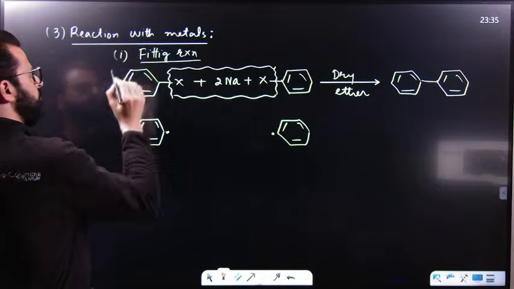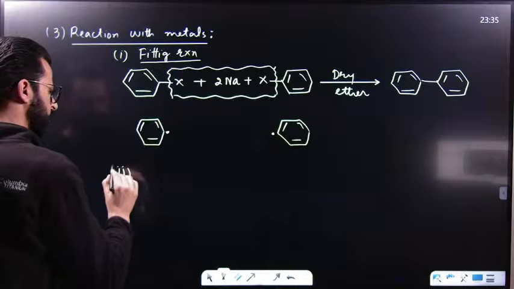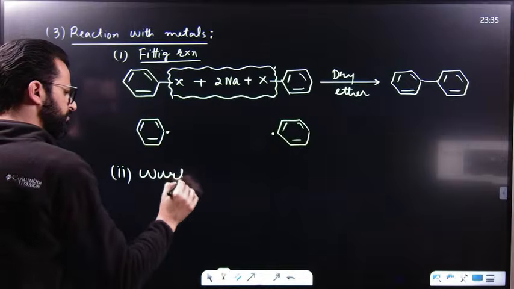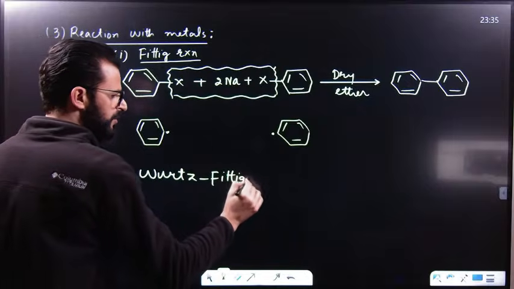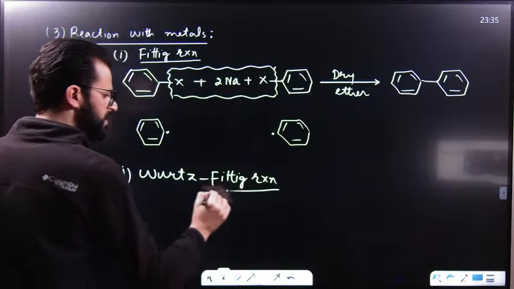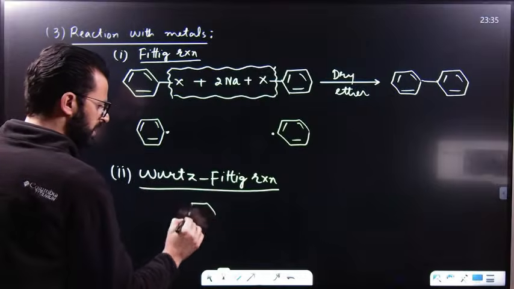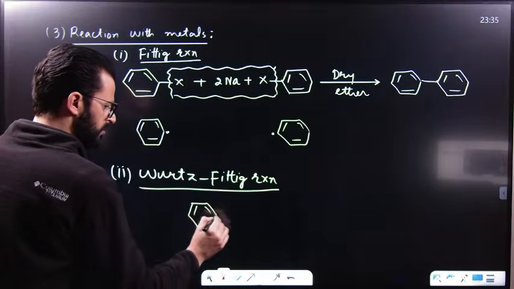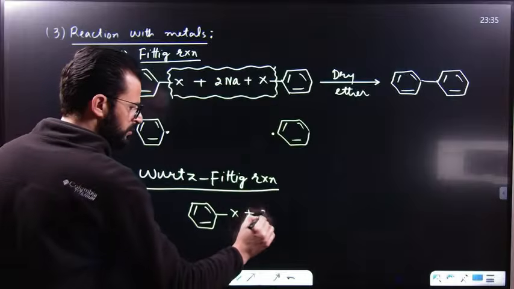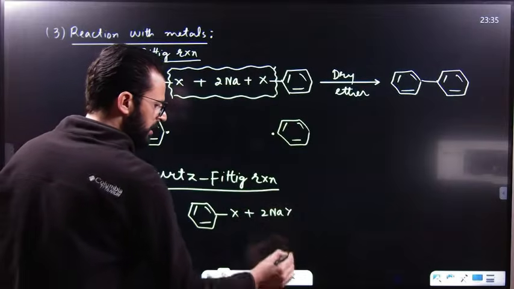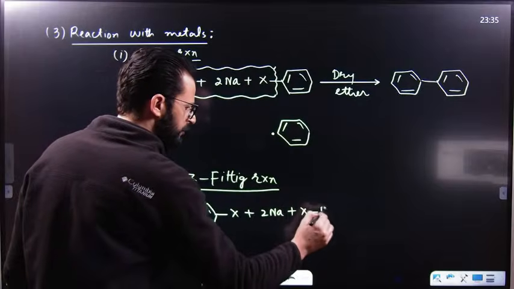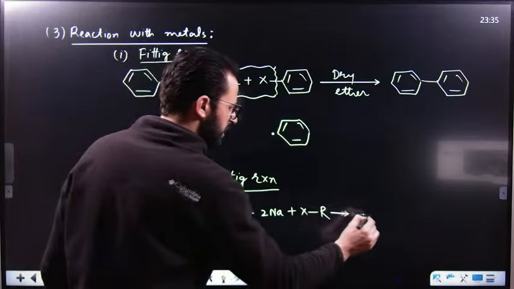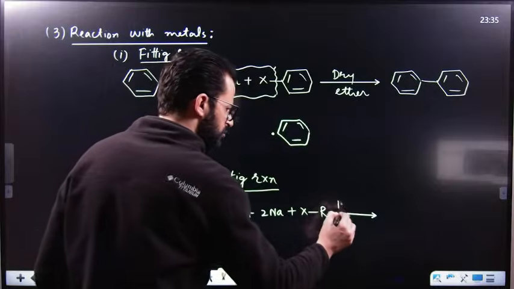This is one. Another is Wurtz-Fittig reaction. That means combination of Wurtz and Fittig reaction. It's simply a reaction of aryl halide and alkyl halide with sodium in presence of dry ether.